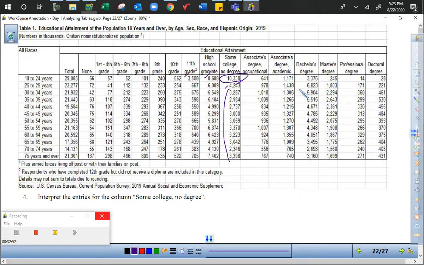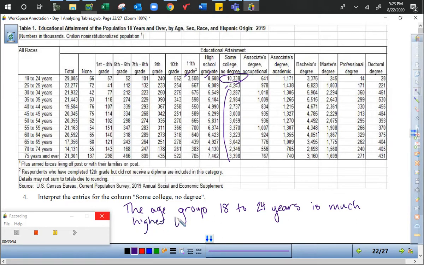So the age group 18 to 24 years is much higher than the other groups.